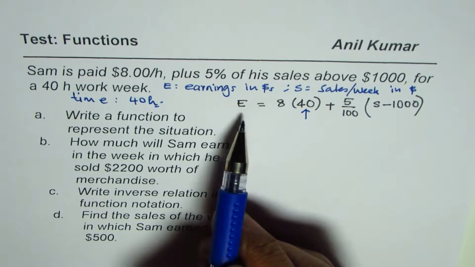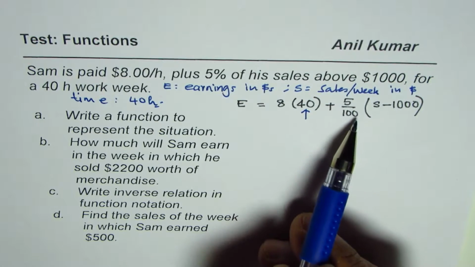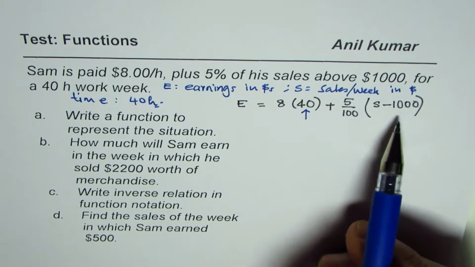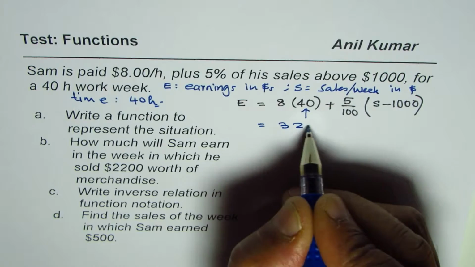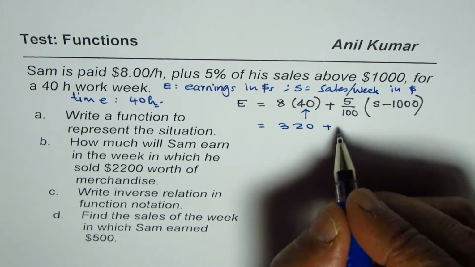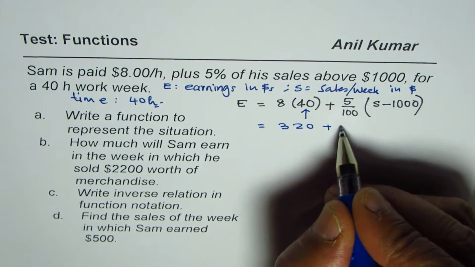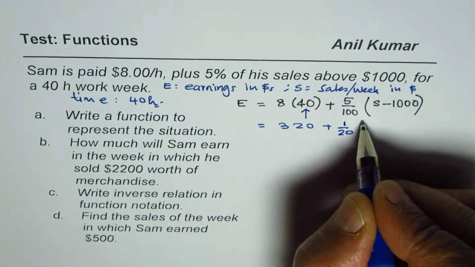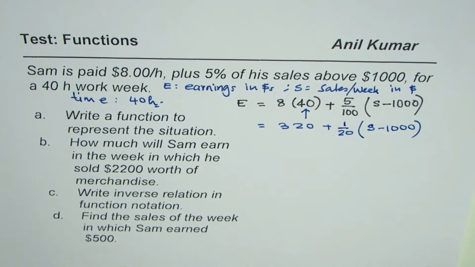So we get hourly rate times number of hours worked plus 5% of sales above 1,000. That is how you can get your equation. You could write this as 320 plus 1 over 20 times sales minus 1,000. I prefer to write 1 over 20. So let this be the equation.